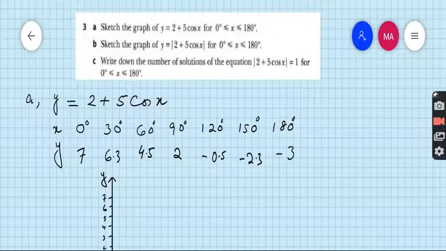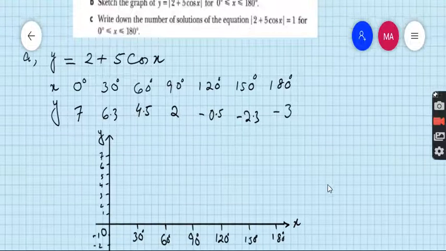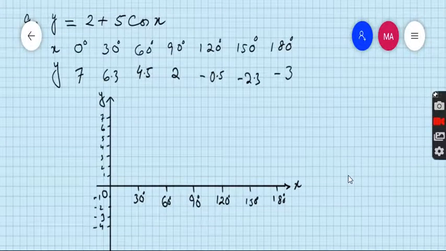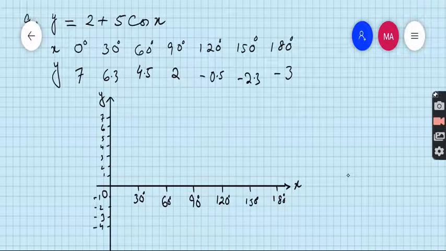Plot these values. I drew the x and y axis for you in order to save time. When x is 0, then y is 7. This is the first point. When x is 30, then y is 6.3. So 1 square is 1, 2, 3, 4, 5, 6, 6.3, like this.